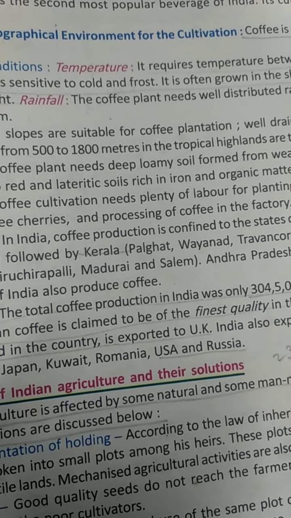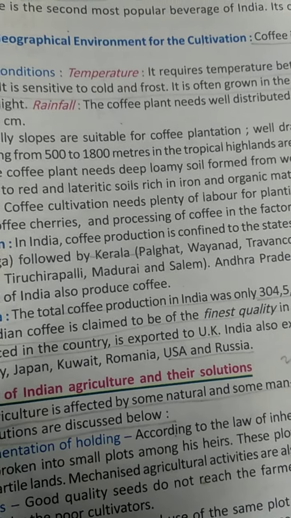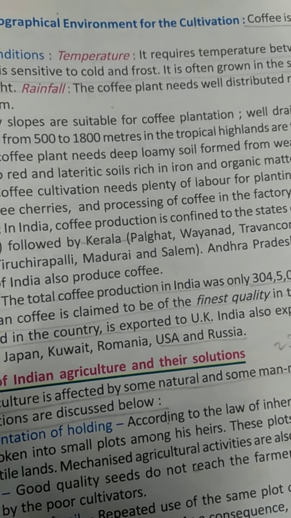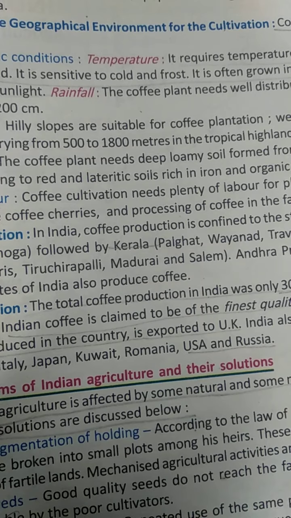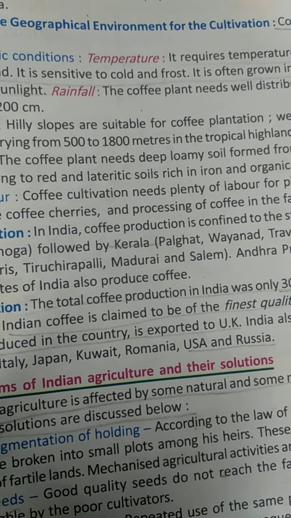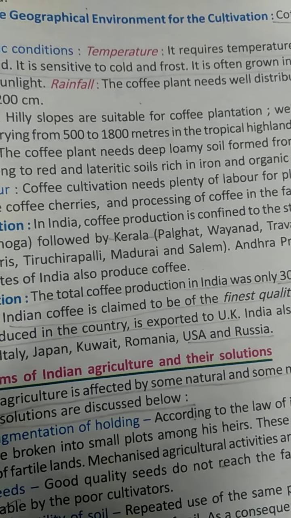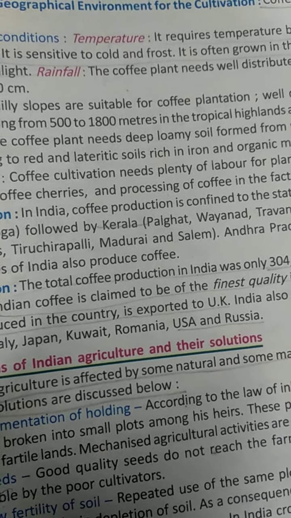In Karnataka it's Chikmagalur, Coorg and Shimoga. In Kerala it is Palghat, Wayanad and Travancore. In Tamil Nadu it is North Arcot, Nilgiris, Tiruchirappalli, Madurai and Salem. Andhra Pradesh and Orissa and some eastern sides of India also produce coffee.